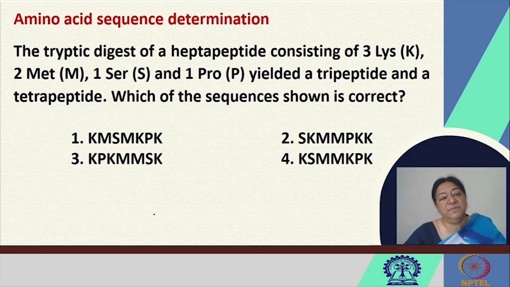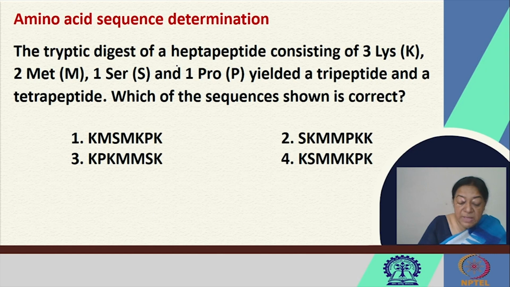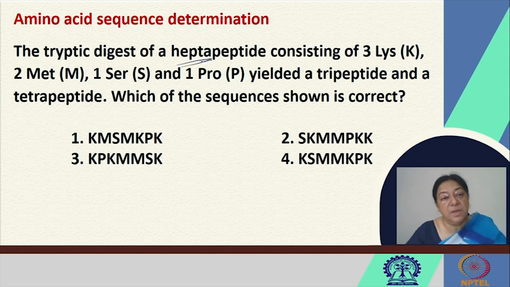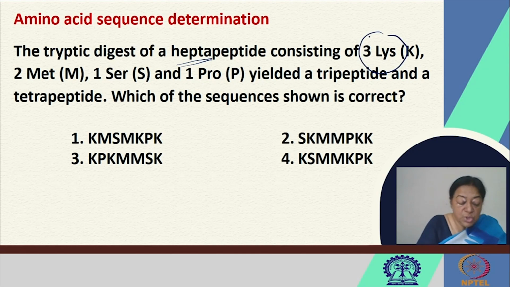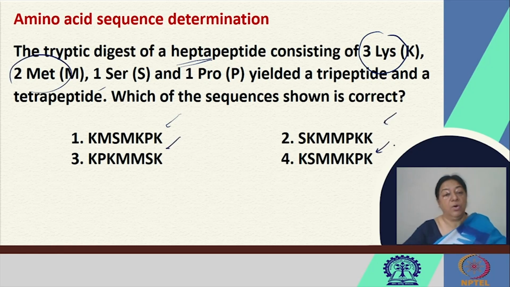So if we now have an example where we are looking at a tryptic digest of a heptapeptide. What we mean by a heptapeptide is that there are 7 amino acids, and it has been found from, say, a complete hydrolysis of the polypeptide chain that there are 3 lysine residues, 2 methionine residues, 1 serine and 1 proline, and obviously there can be several sequences in which they can occur.